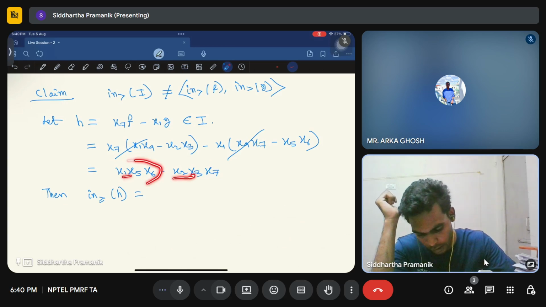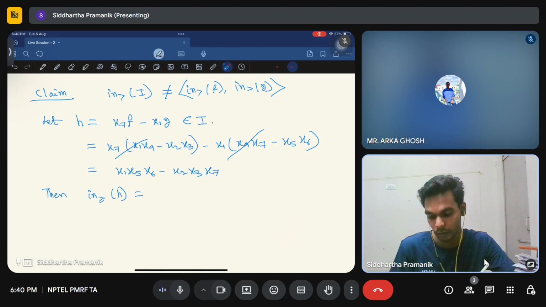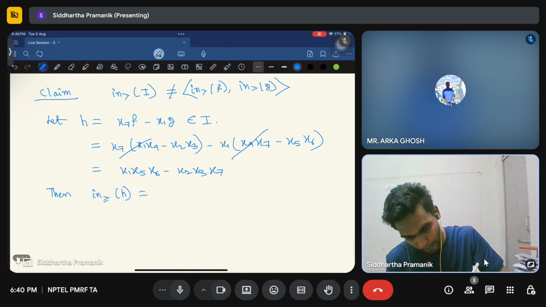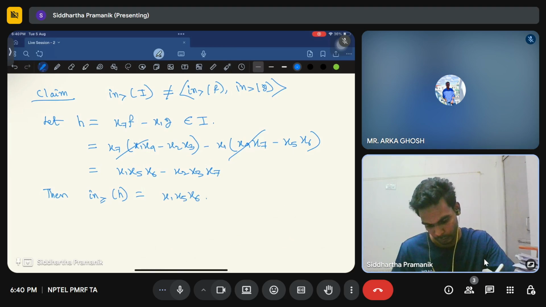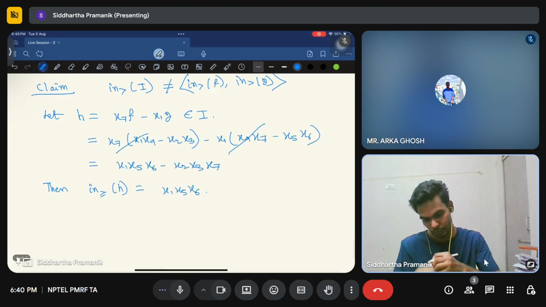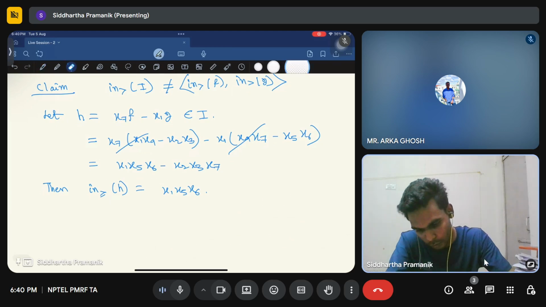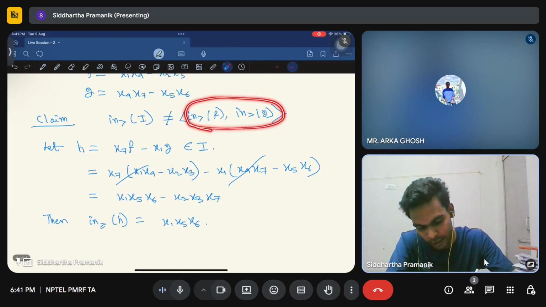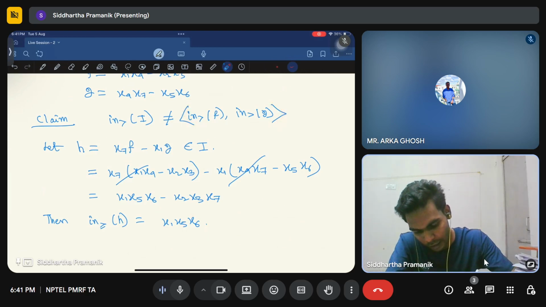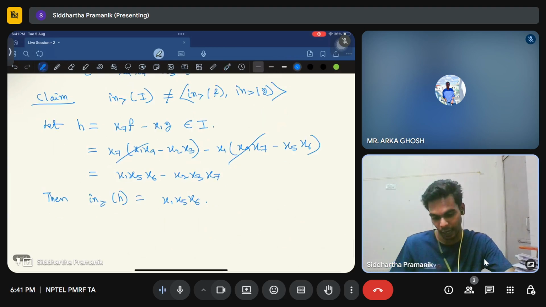So definitely this one is bigger in grlex. Now if initial of h has to belong to this ideal, then this term must be divisible by either initial of F or initial of G, but that does not happen.